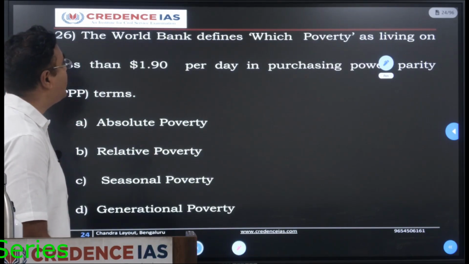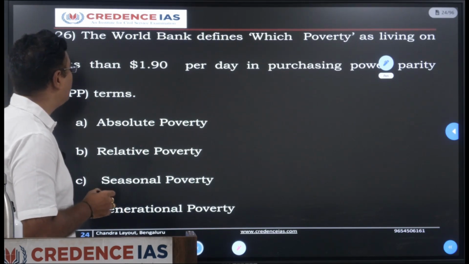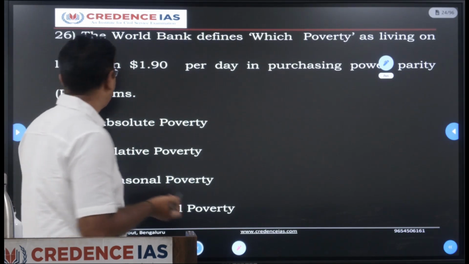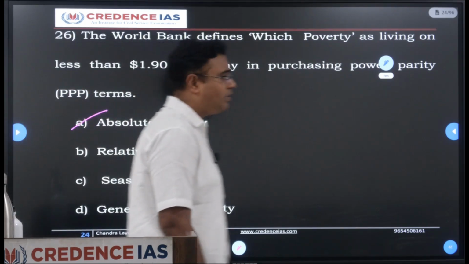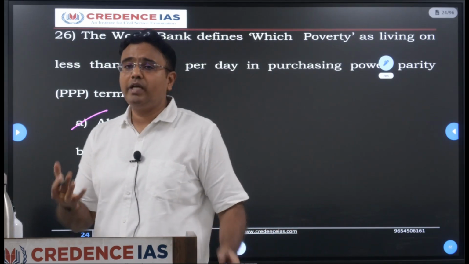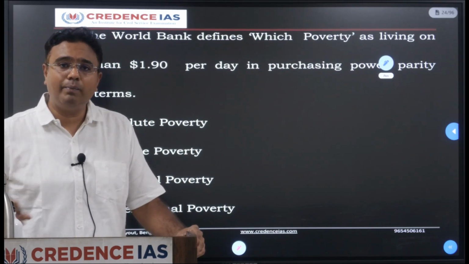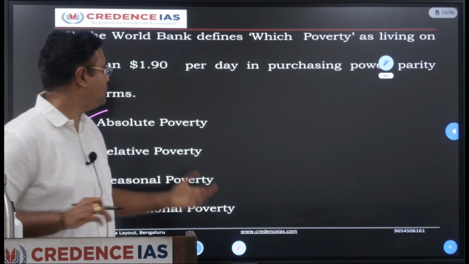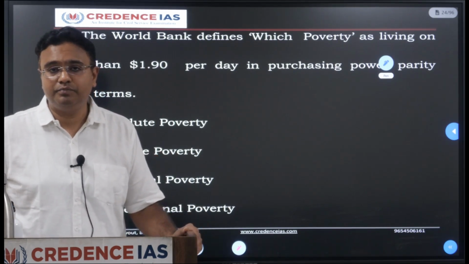The World Bank defines which poverty as living on less than $1.9 per day in purchasing power parity terms? It's absolute poverty. Absolute poverty is poverty measured in absolute terms, where a person is not capable of earning enough to lead a basic life, not able to fulfill the basic needs.